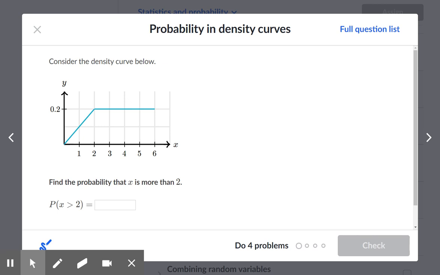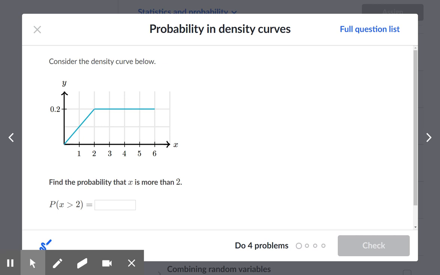And another thing you can think about is area as probability. So 100% means that it's equal to 1, which is the same as talking about 100%, because 100% is 1.0, right?